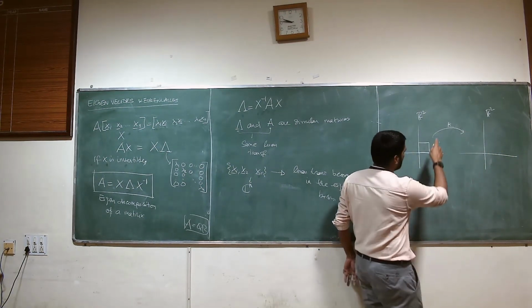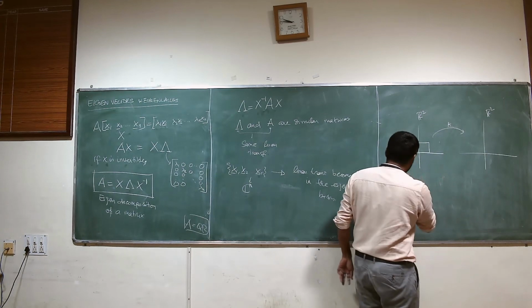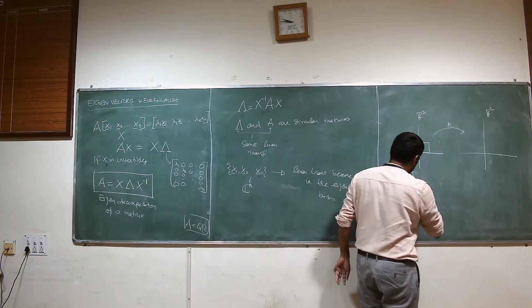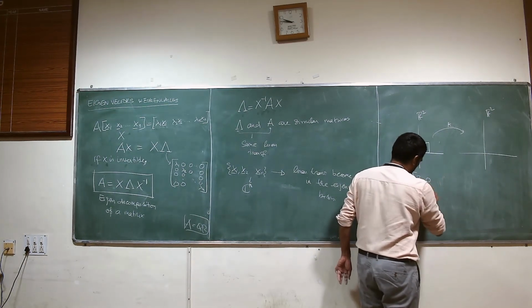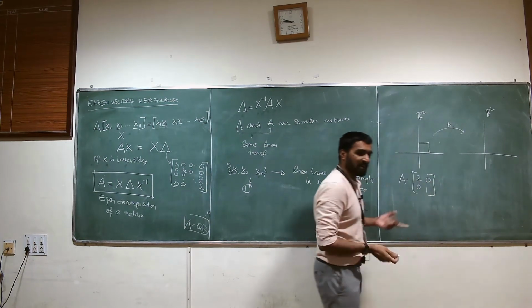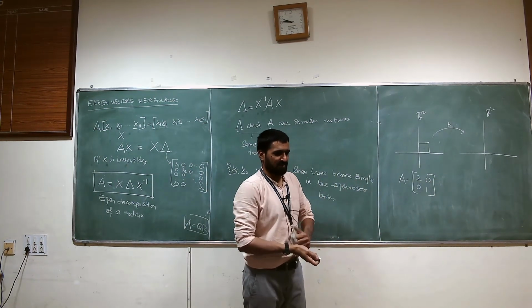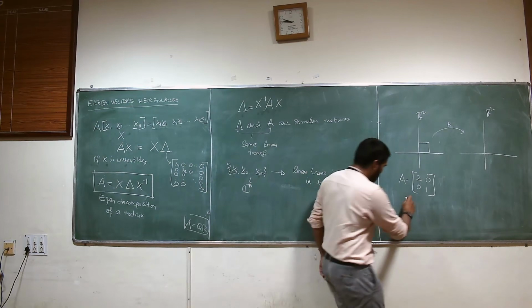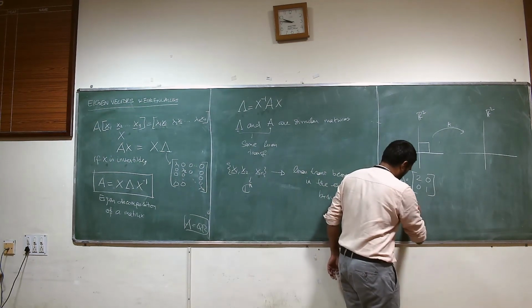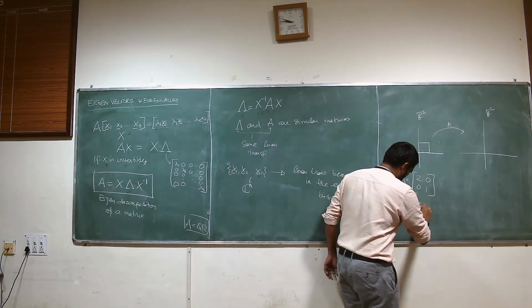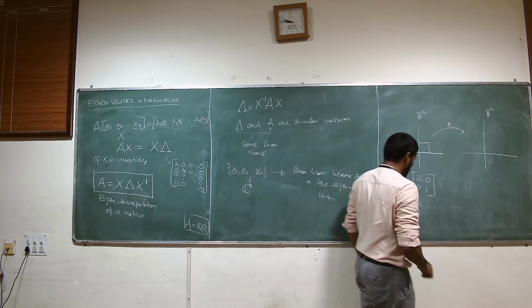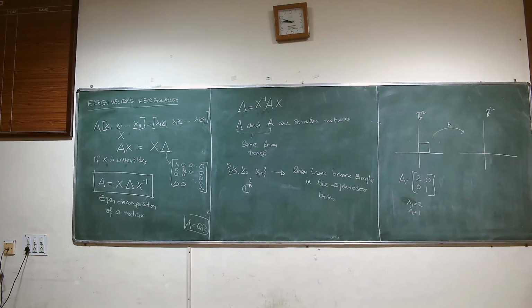Okay. Now let's say we have a matrix A. What are the eigenvalues of this matrix? 2, 1. Okay. Can you give me two eigenvectors for this?